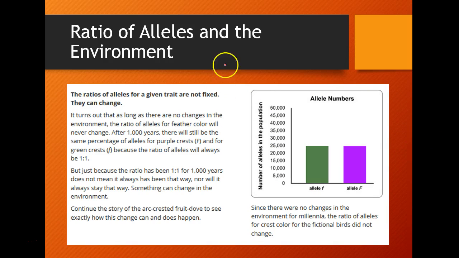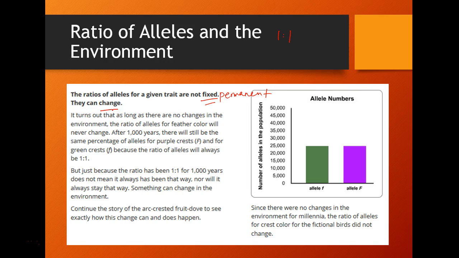However, even though in the beginning we started out with a 1 to 1 ratio, that ratio of alleles is not fixed, which means that it's not permanent. They can change, okay? So how do they change?